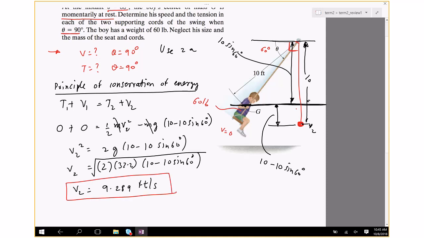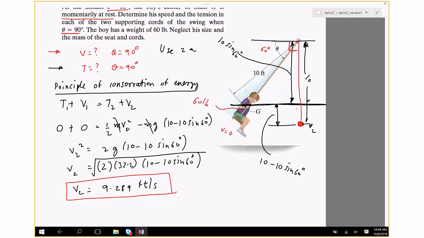The way the book does it is using equations of motion. Okay, so second part. When you're asked to find the tension or any force, you're stuck with using equations of motion. There's no other way to get it unless it was a very special problem like the first problem where we got the friction coefficient from using the principle of impulse momentum.